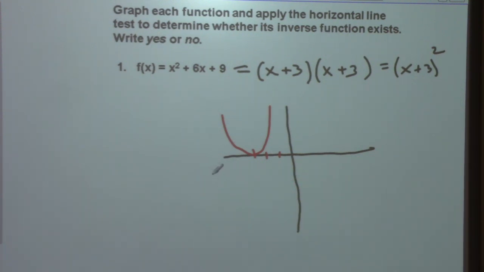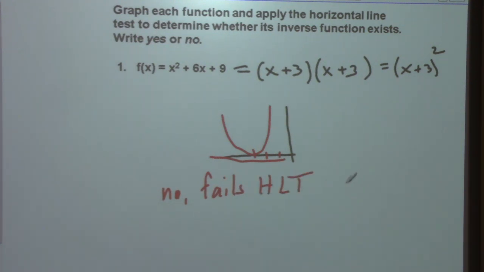Here's our horizontal line, and we see this doesn't pass. So our conclusion here would be no, it fails the horizontal line test. Basically it's graph, then yes, passes the horizontal line test, or no, fails the horizontal line test.